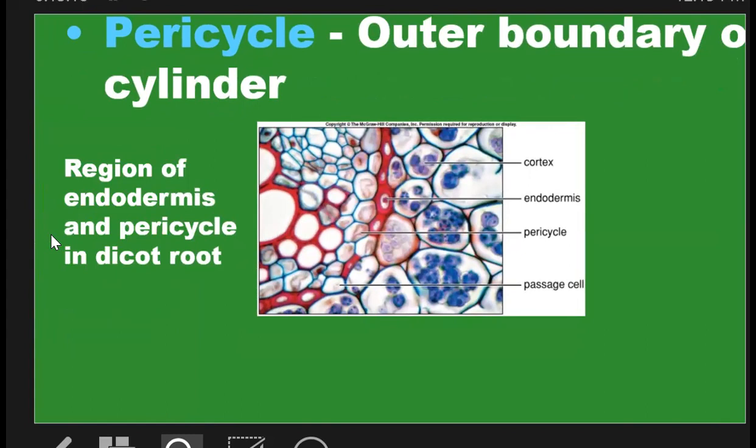Right to the inside of the endodermis, there tends to be another circular ring of cells called the pericycle. Okay, the pericycle. The endodermis is usually stained really nicely red, and the pericycle is a little harder to see. It's a ring of cells, but it's kind of tricky to find. But it's another ring of cells right to the inside of the endodermis.